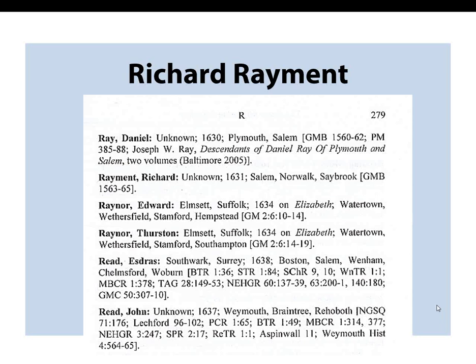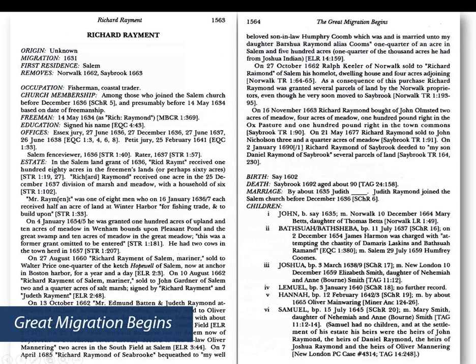So if we look at the mug book, if we look at the Great Migration Begins entry, and we dive a little bit further, the information doesn't jibe with what we had hoped for. For example, Bob uses direct original source evidence for these conclusions, and he has evidence that the family, while they were initially from Salem, moved to Connecticut, so they end up in Norwalk or in Saybrook.